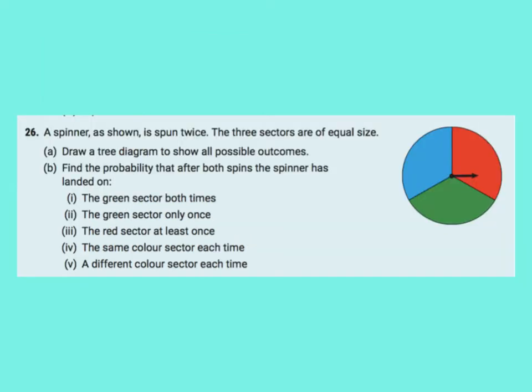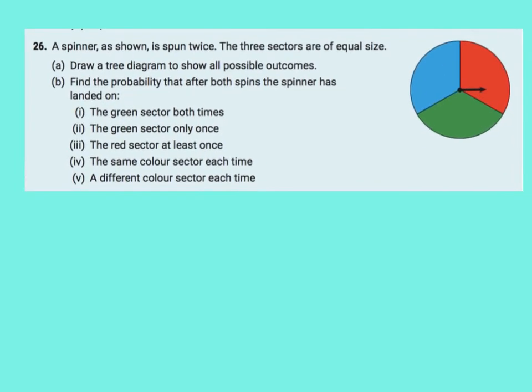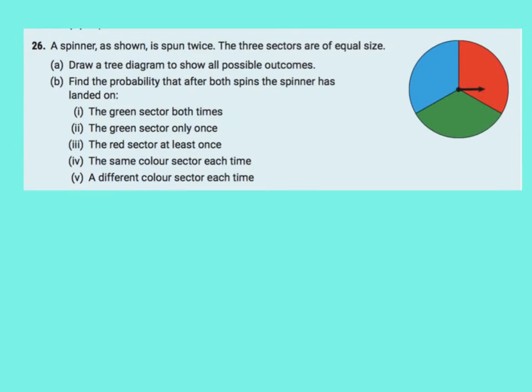Okay. And the spinner, as shown, is spun twice. 3 sectors are of equal size. Draw a tree diagram to show all possible outcomes. So first of all, for the first spinner, it's either going to land on blue, red, or green.